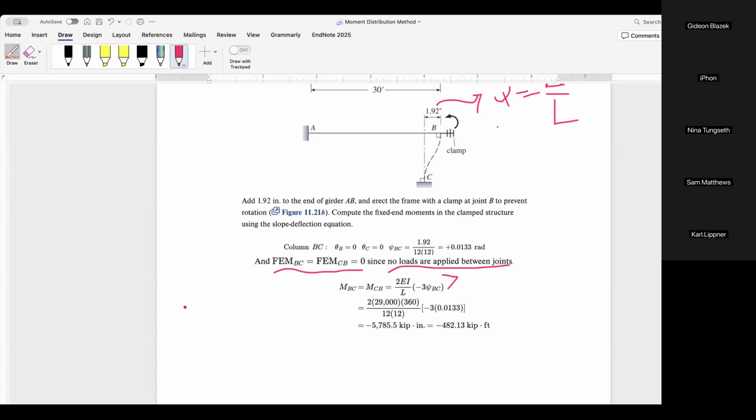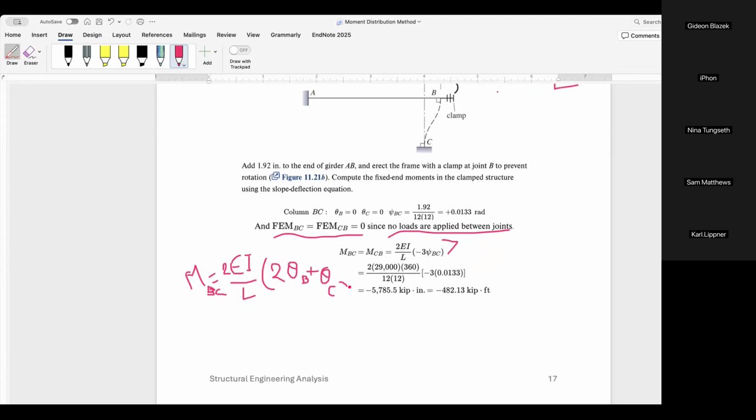So we have general equation, that one is M equal to, let's say for the BC bar, so let's write BC. 2EI by L, so I started from B, so 2 theta B plus theta C, and then minus 3 psi BC.